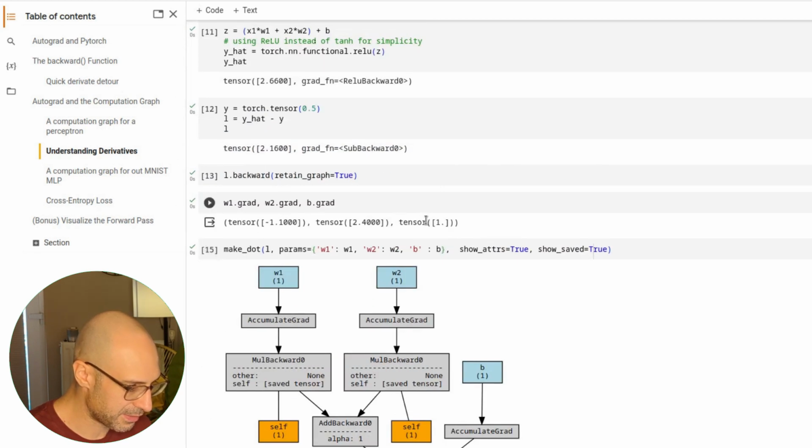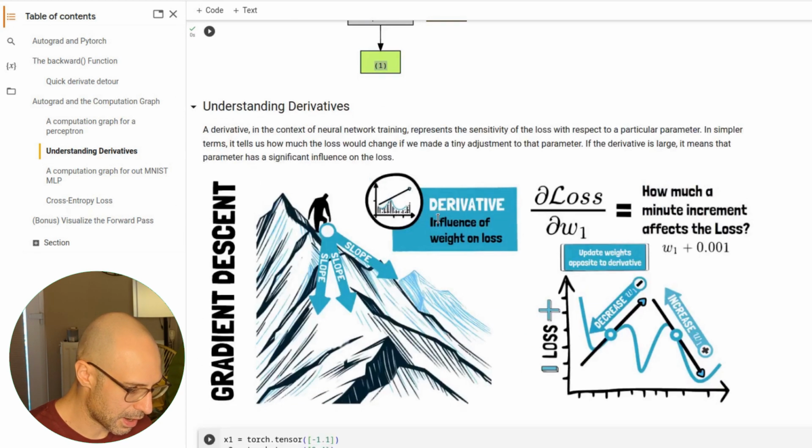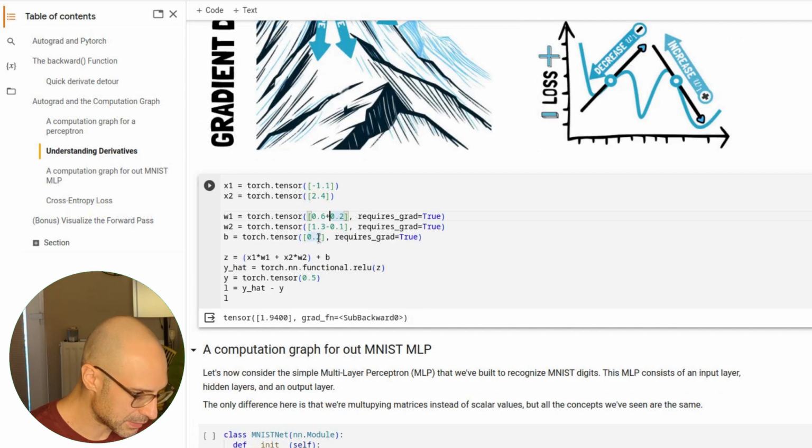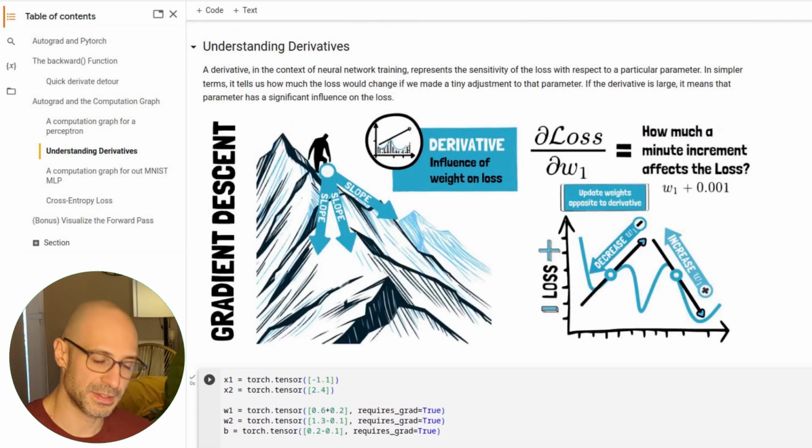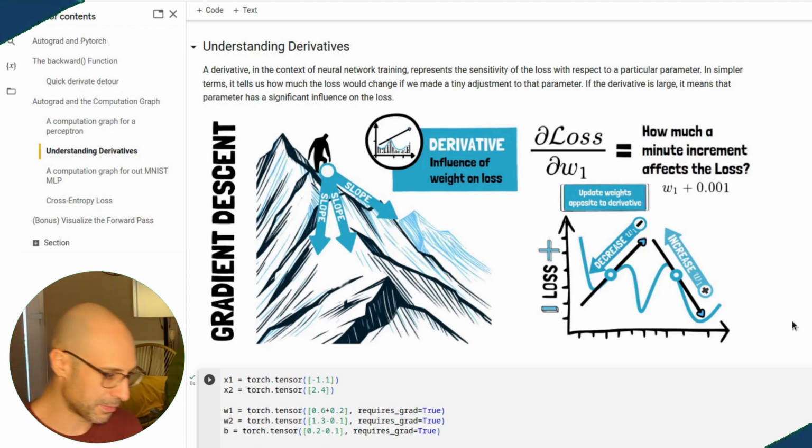And in this case here, for this tensor, I also want to remove a small value. And this should make the loss go down. And that's essentially gradient descent. Obviously, we repeat this many times until the loss becomes small. But we'll look at this specifically in the next episode.